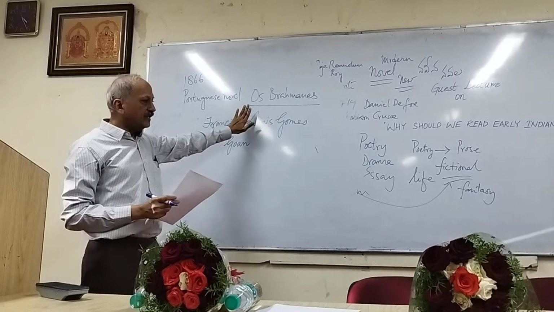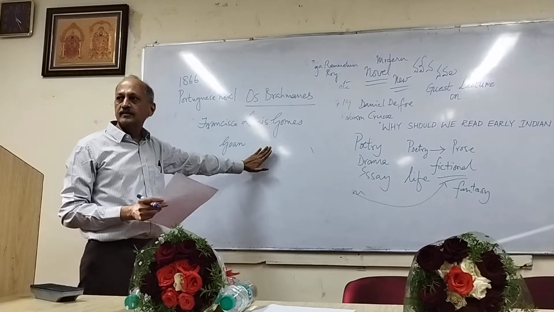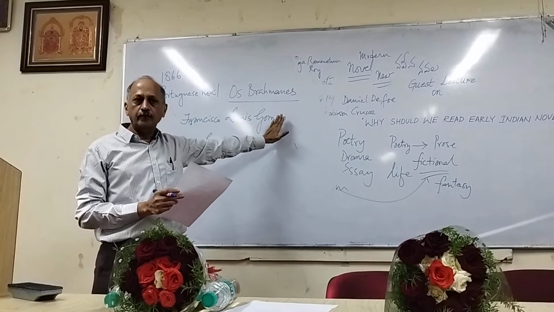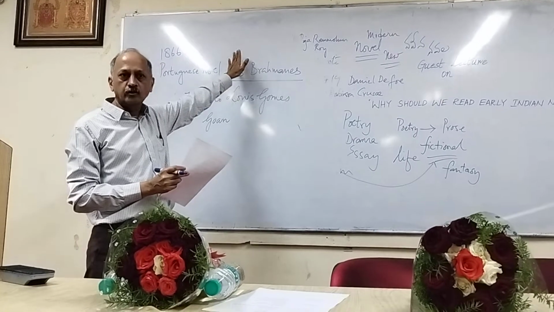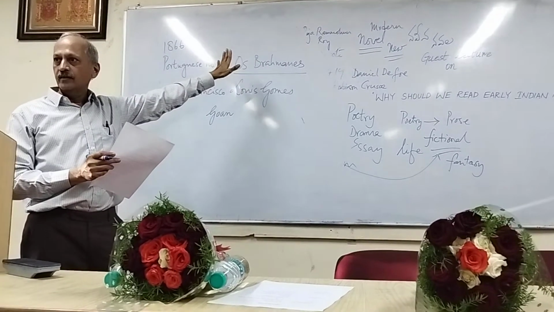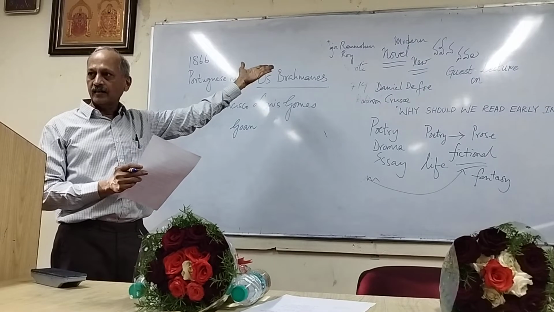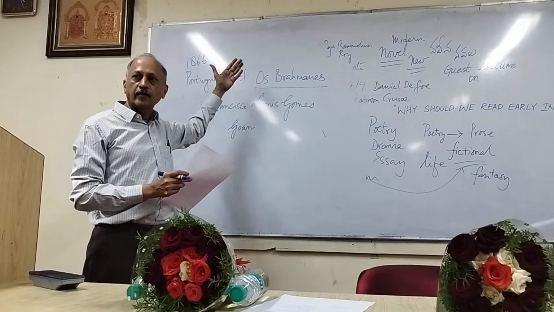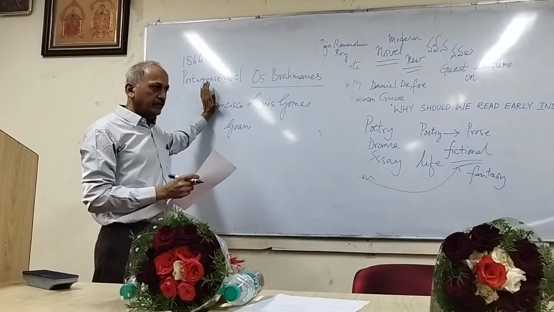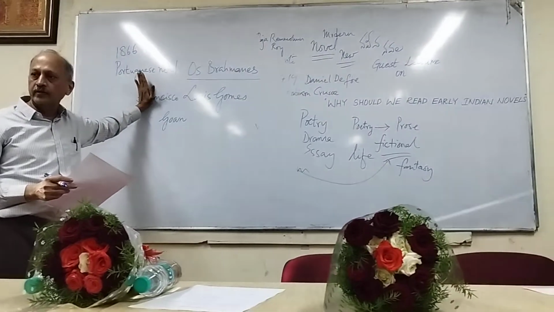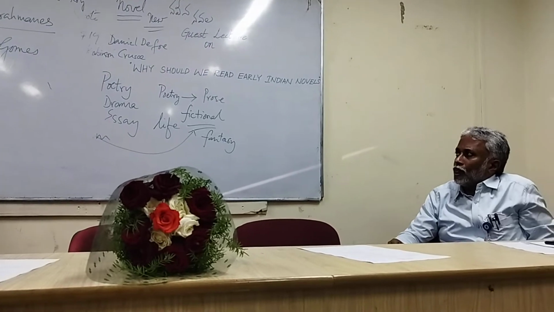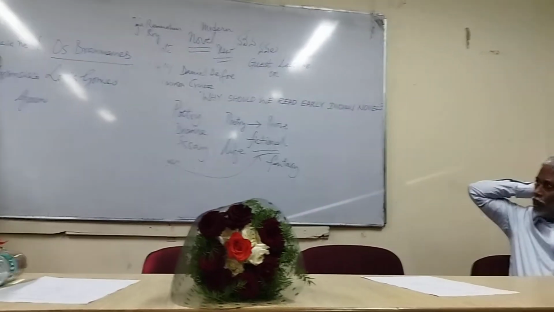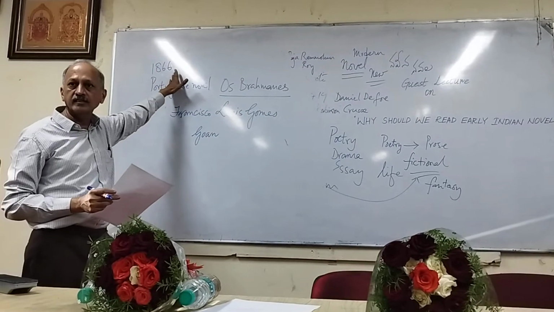Now, by the time he is writing, the British have been well entrenched. You are already talking about 1857, our attack, the first signs of our asking for independence, etc. You are talking about 1857, 1866.